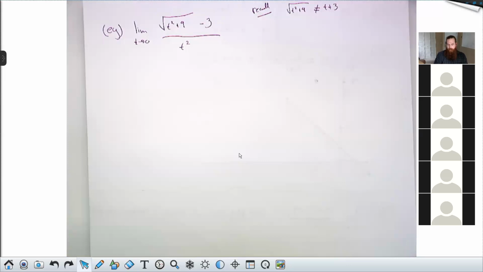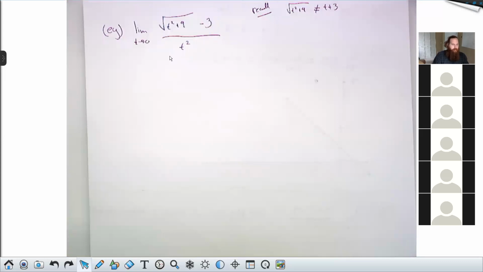I can't plug in. I can't factor or distribute anything. But what I can do, if I'm hoping to get rid of the square root in the numerator, is multiply top and bottom by the conjugate of this expression.